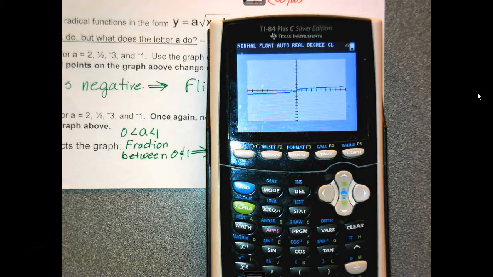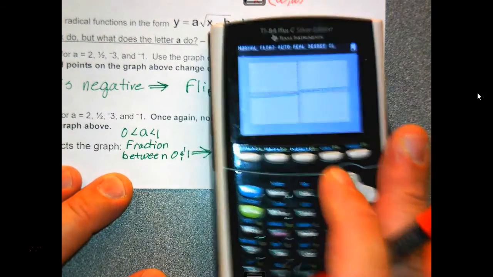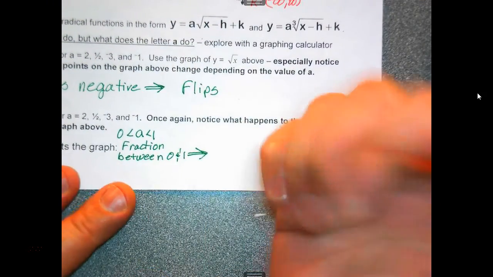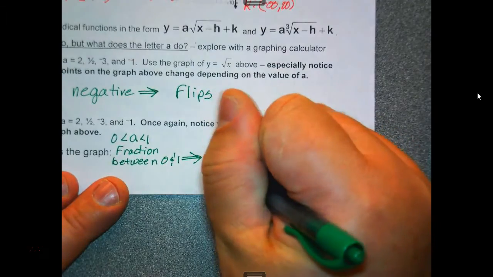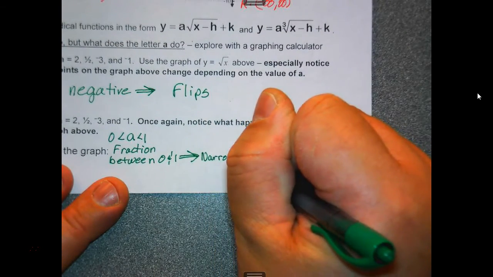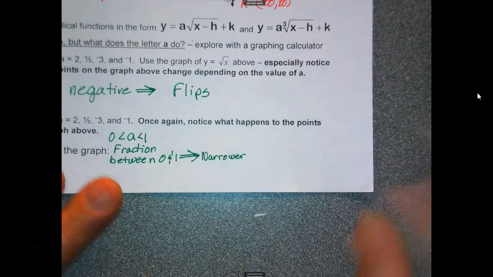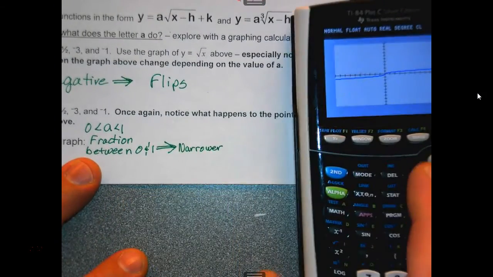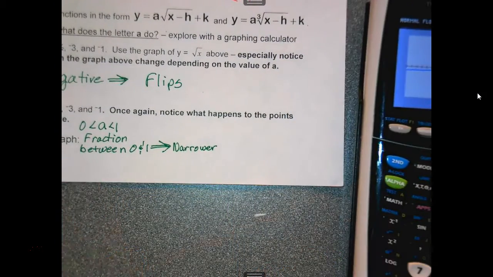Wait, what happened? It got narrower, so it's opposite our absolute value function. Narrower, narrower. Yes, we can do it by hand. Okay, so it got narrower.